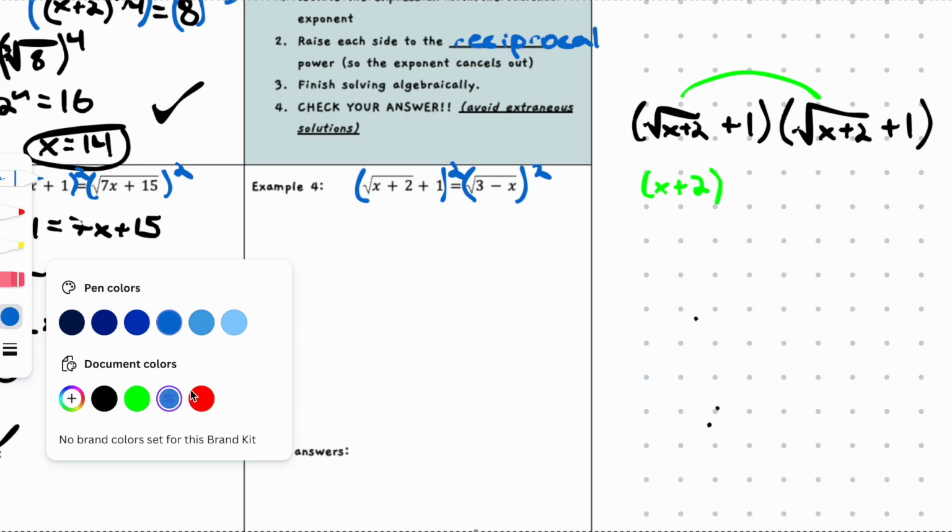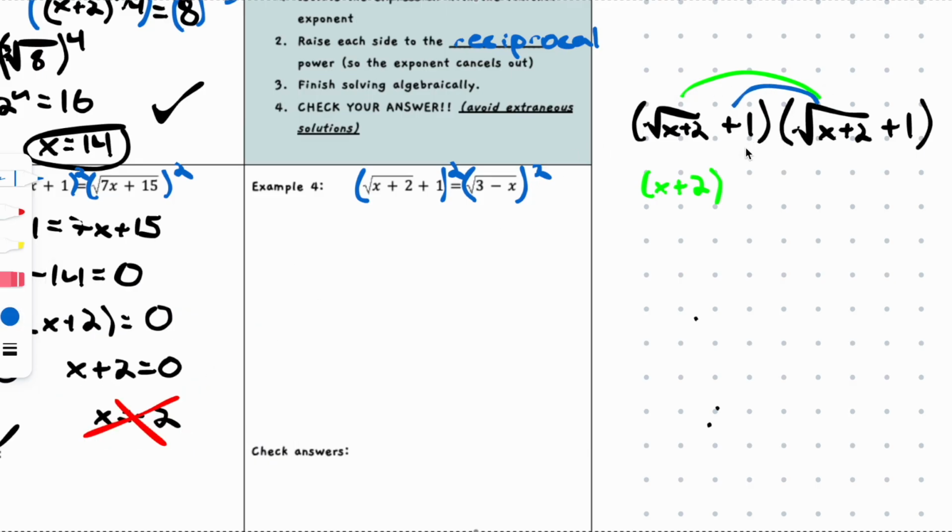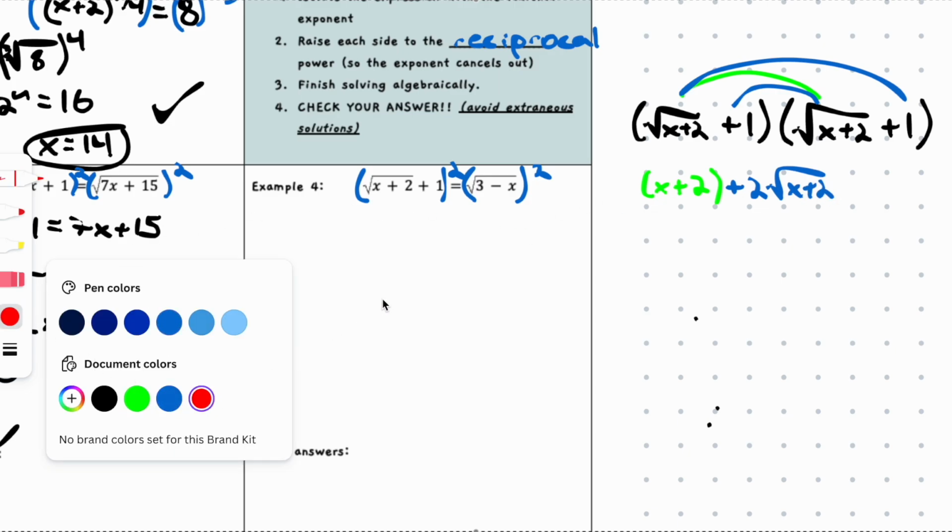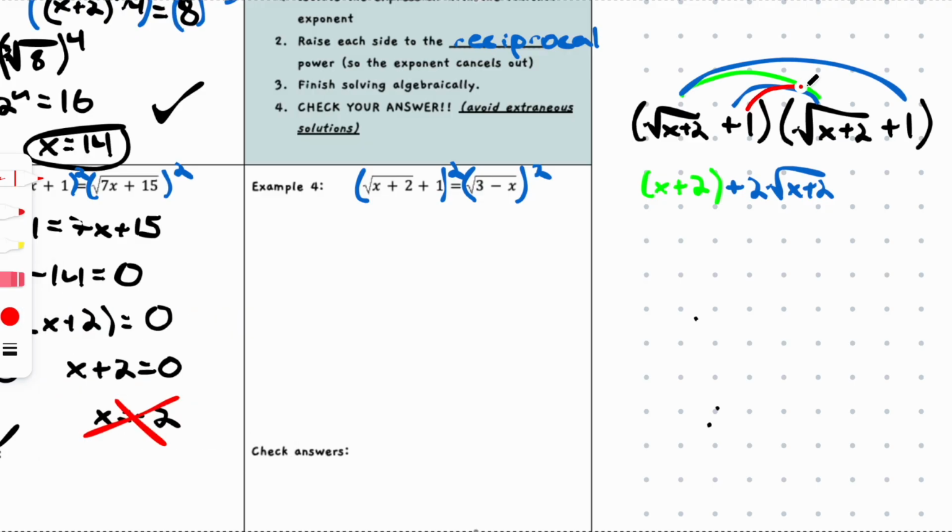And now when we do this, we get 1 times root x plus 2. And when we do this, we get 1 times root x plus 2. When we add them together, we're going to get plus 2 root x plus 2. And then, of course, here we do 1 times 1, and we get plus 1.